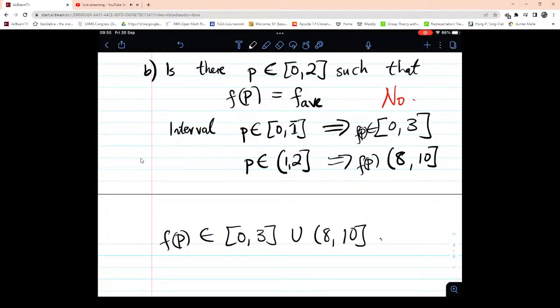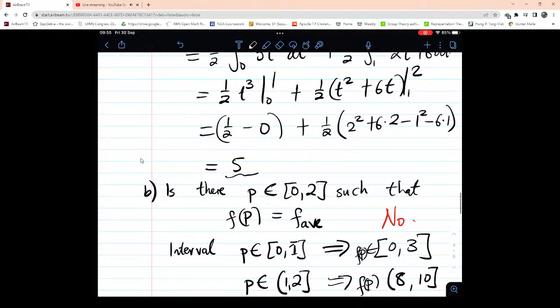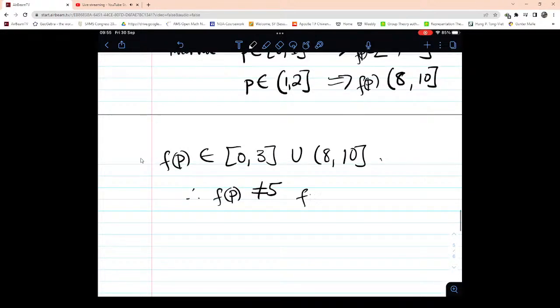And because of that, it means that f of p is not going to be equal to 5, which we found here, for any p that you pick. All right, and we are going to find out that this is not the case with some special functions.